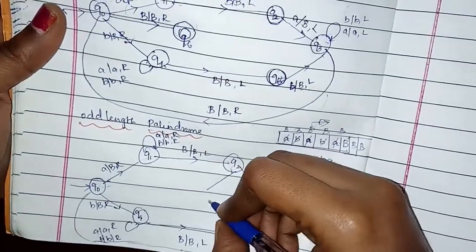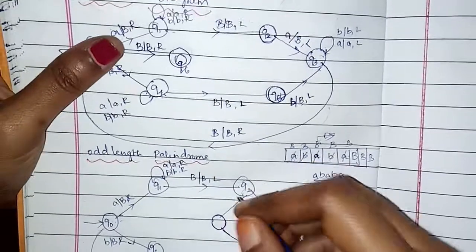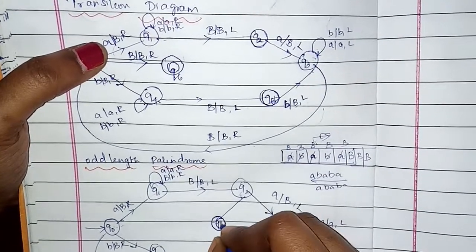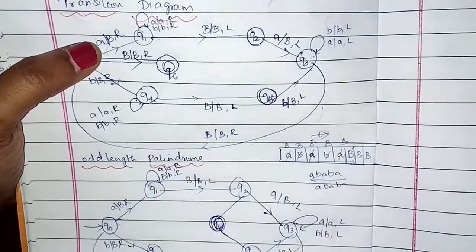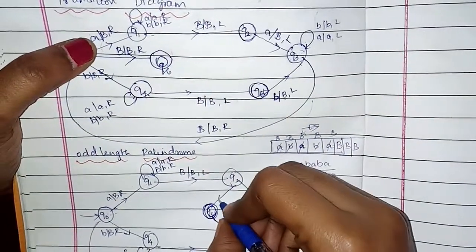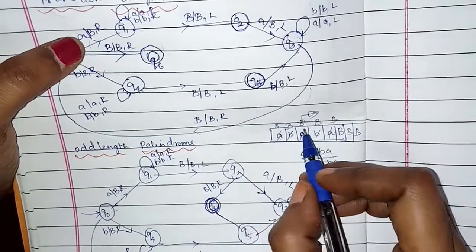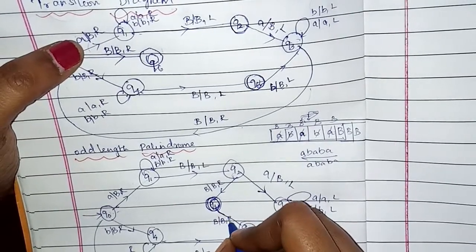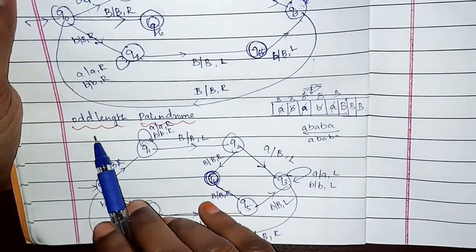So this is here, Q6. So this is an acceptance state, Q6. So blank, right direction. Why? Because you'll have this blank. So either it is A or it is B, it has to be. So this is known as odd length.